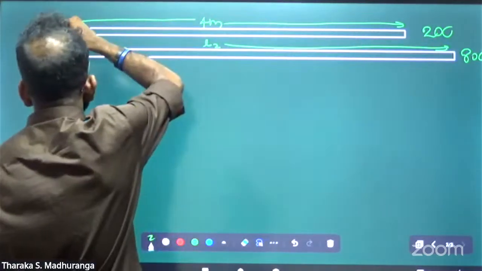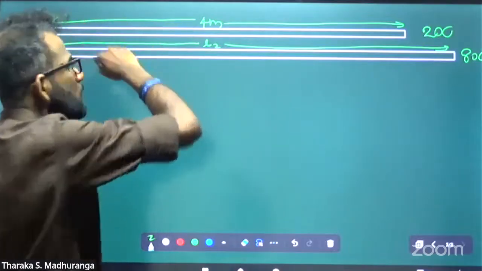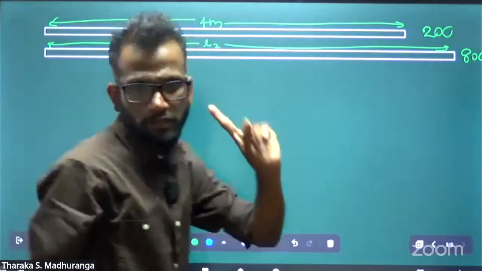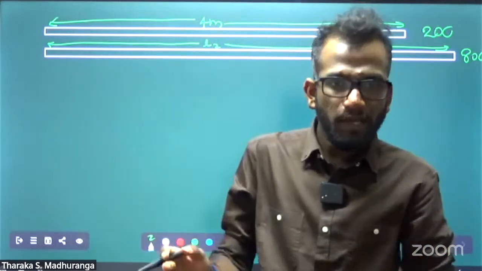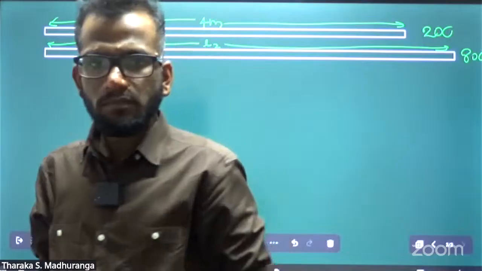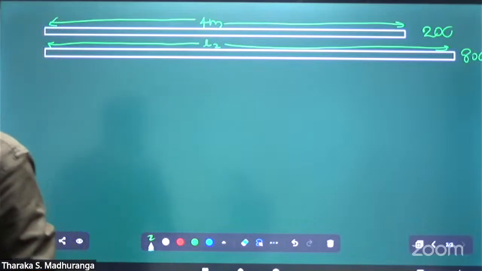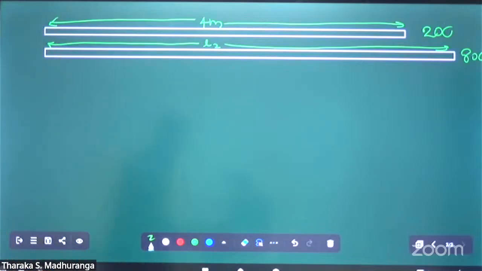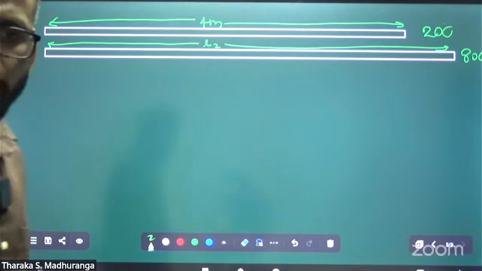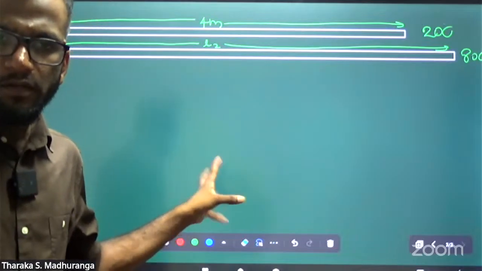Okay, we have two options. I will explain both methods. The first method is you can find the delta L. Is that clear or not? Clear, Fatima?